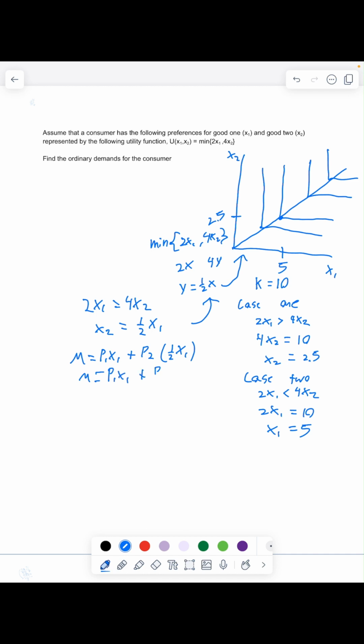If we were to write this out, it's going to give us p2x1 all over 2. And then we want to isolate x1, so we're going to remove that from both of these, and then divide to get x1 by itself.